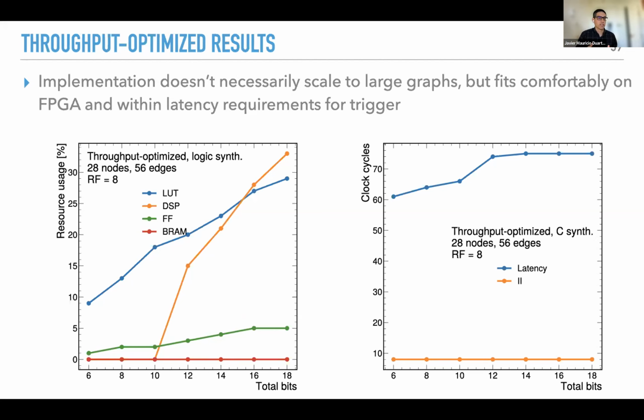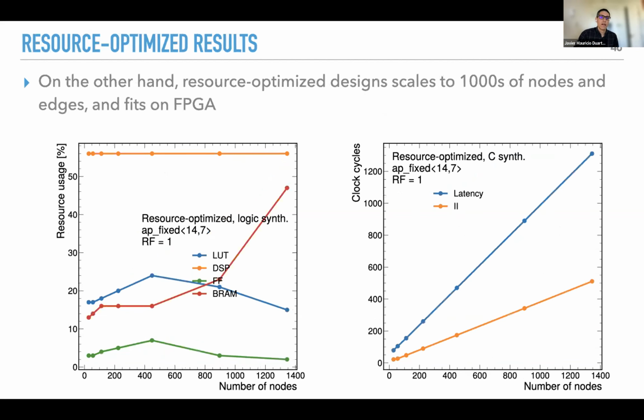So this might be good for, for example, tracking in a muon chamber, where you have obviously many fewer nodes and edges than in some other system like the tracker, or if you can segment the event enough. On the other hand, we have a resource-optimized design that can scale to thousands of nodes and edges and fits on the FPGA.